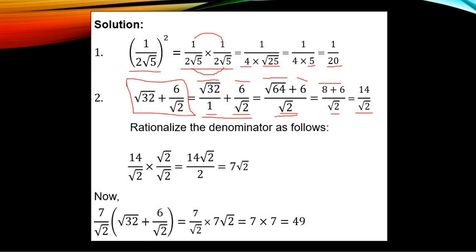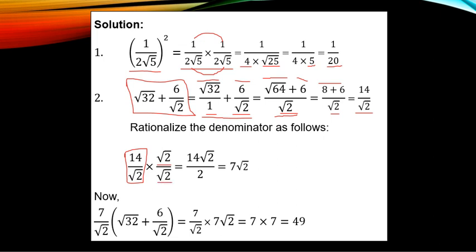To rationalize, we wish to turn the irrational number root 2 to a rational number. To achieve that, you write the whole problem and use the irrational number in the denominator to multiply both numerator and denominator. So you have root 2 times numerator, root 2 times denominator.